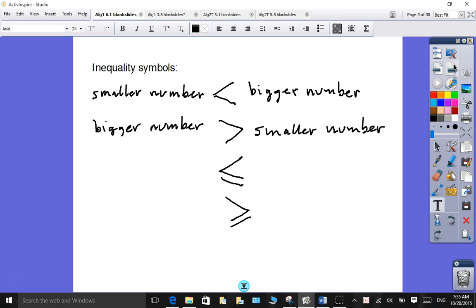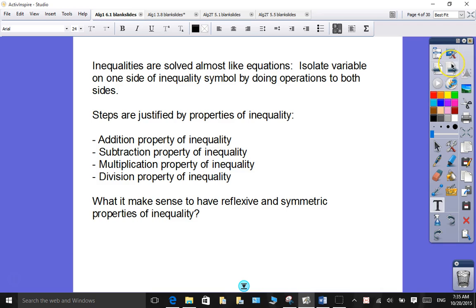If you have confusion about them, you need to get unconfused. We solve inequalities pretty much just like we solve equations, right? We isolate a variable on one side by doing operations to both sides. And we justify those operations by properties of inequality, the things that we were supposed to have copied for the extra credit homework, right?